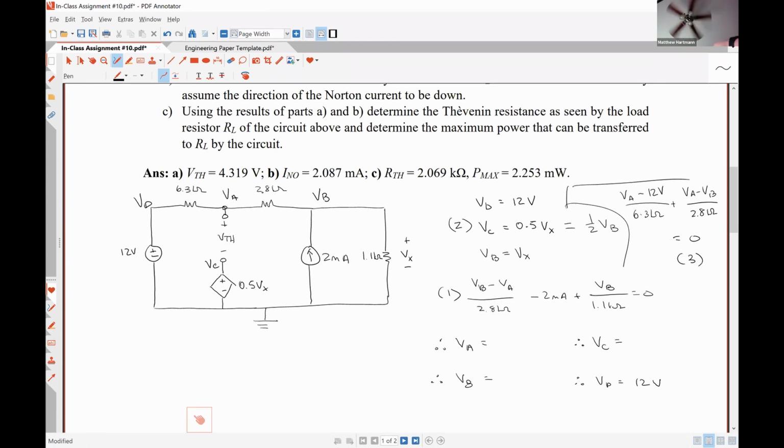Has anyone managed to set up and solve this system of equations? Almost done. Give me 1 second. Let's see.